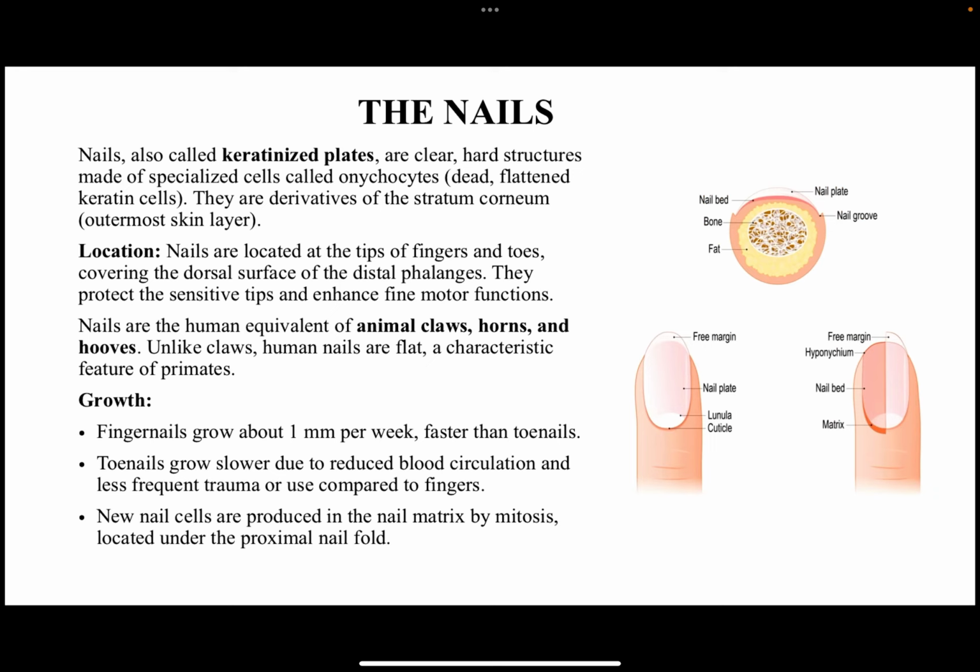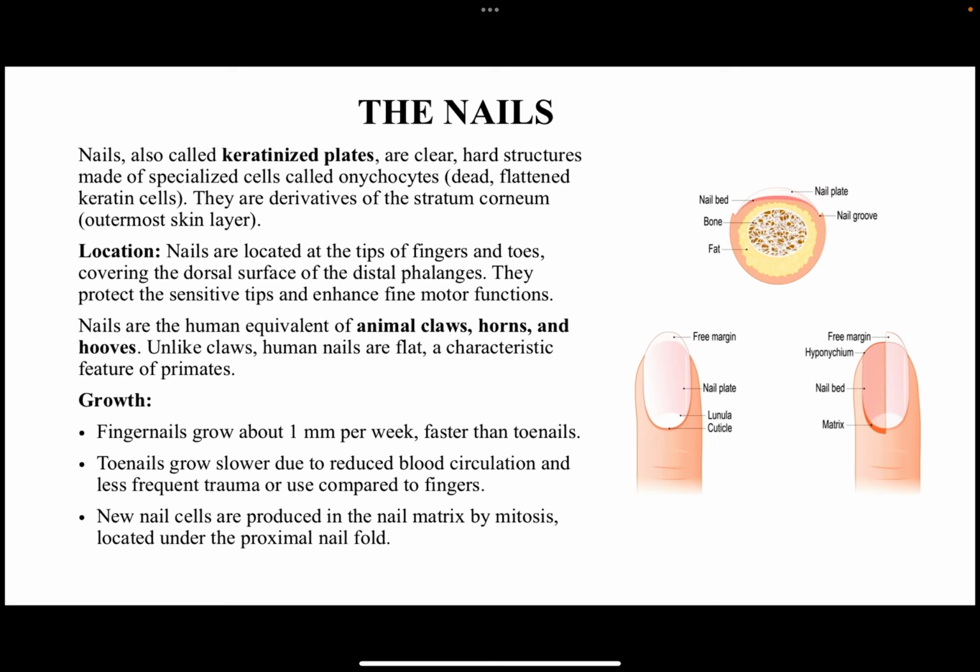Okay, we have the free margin. We have the hyponychium. That is usually if you shave the nail for it to meet the levels of the finger. That margin is what we call the hyponychium, the level that meets the contours of the finger end.